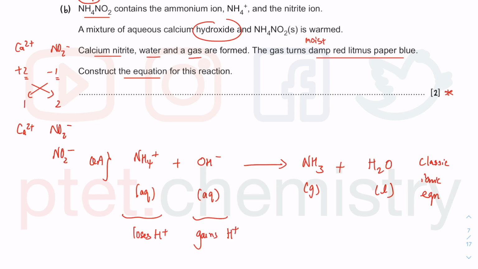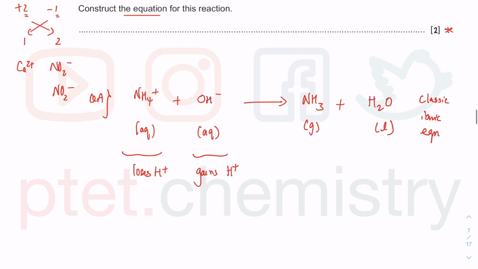I think I made a mistake in my previous tutorial videos on qualitative analysis, so make sure you know that when something loses a H plus, it's acting as an acid because acid is a proton donor. It donates protons, whereas this one is acting as a base because it acts as a proton acceptor. I've called H plus a proton because there's no electron and no neutron in H plus, there's just a single proton in the nucleus of the atom.